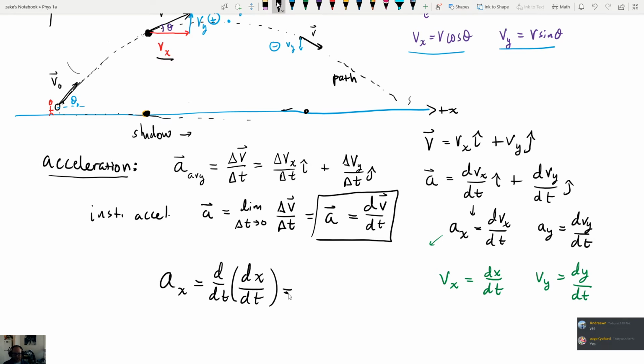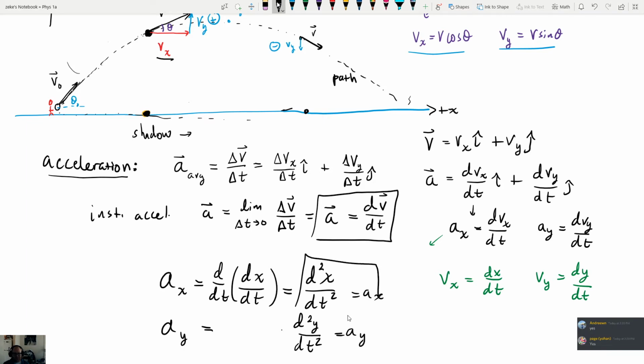And then this thing we know to be the second derivative, right? This is d2x/dt2. And of course, by comparison then, the y component of the acceleration will be equal to the second derivative of the y component with respect to time. That's ay, and this is ax.